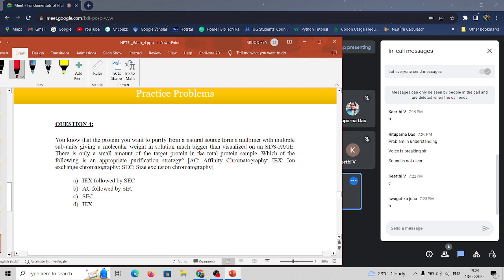So the question just tells you that you have a protein which forms a multimer, that is, it is not in a monomeric state. So imagine it forms a dimer. But when you are visualizing it in an SDS-PAGE, you do not observe it. So what is the possible way you can actually separate it out?